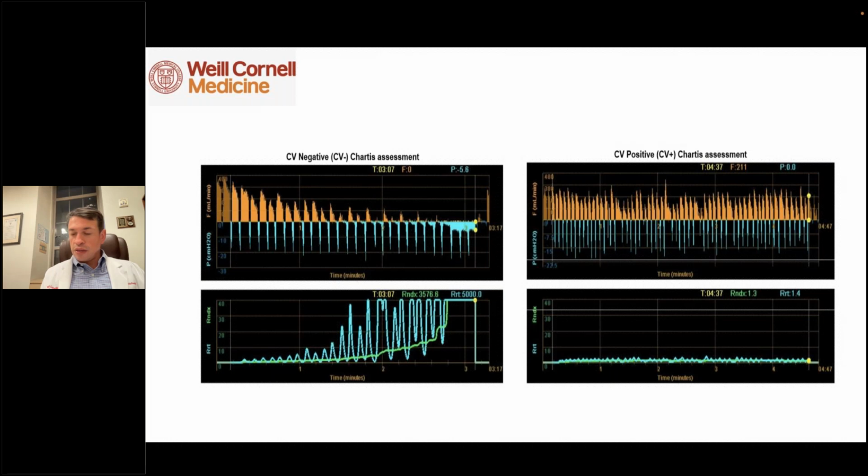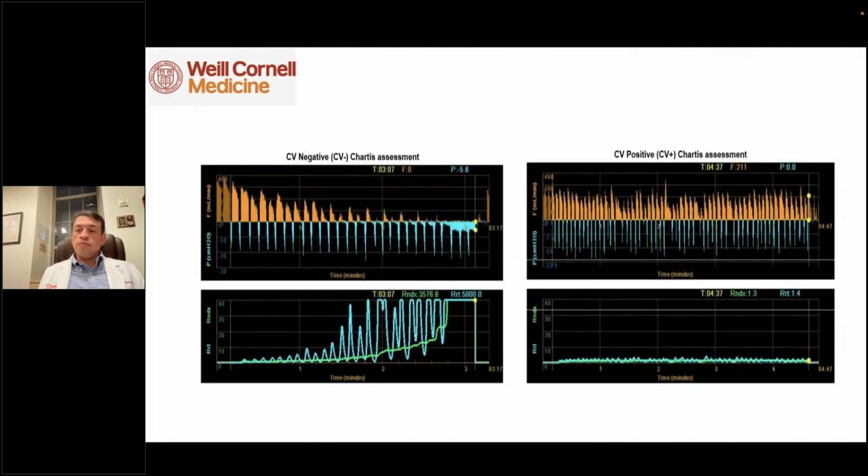On the right side of the screen, however, you have an opposite phenotype where you have persistent flow, and that of course means that the flow is coming through an interrupted fissure. So this is a functional assessment of fissure integrity, which we perform routinely during the procedure.